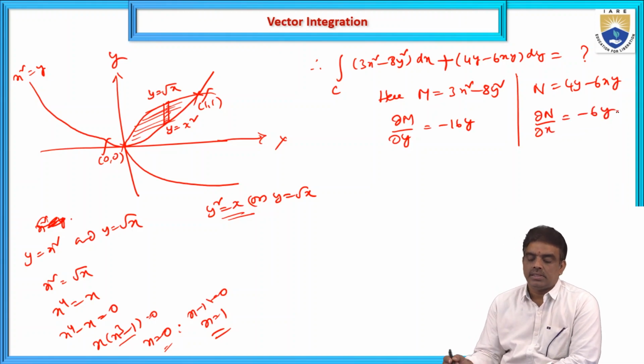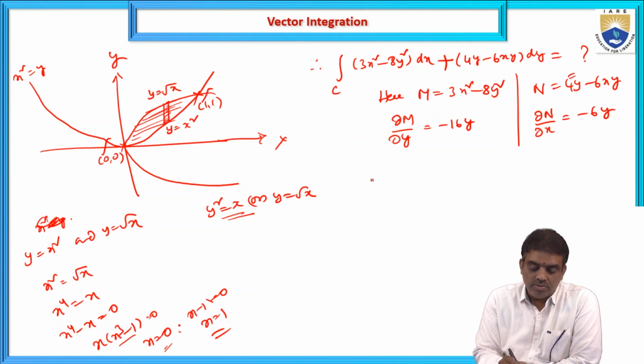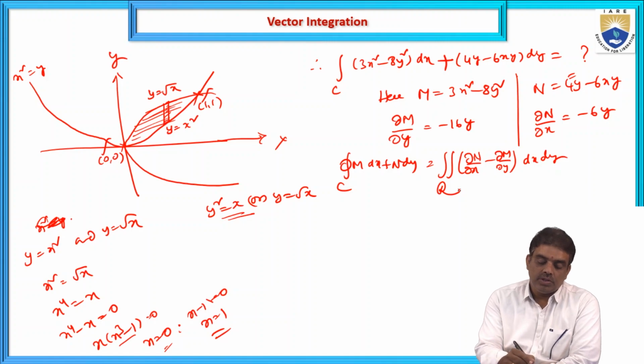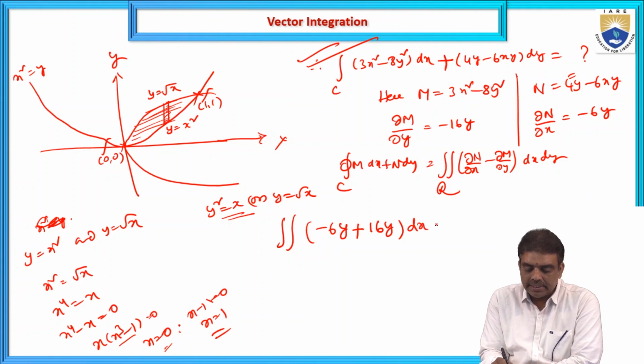By Green's theorem, the integral of M dx plus N dy over the closed curve C is equal to the double integral of dou N by dou x minus dou M by dou y dx dy over the region R. So this becomes the double integral of minus 6y plus 16y dx dy over the region R.